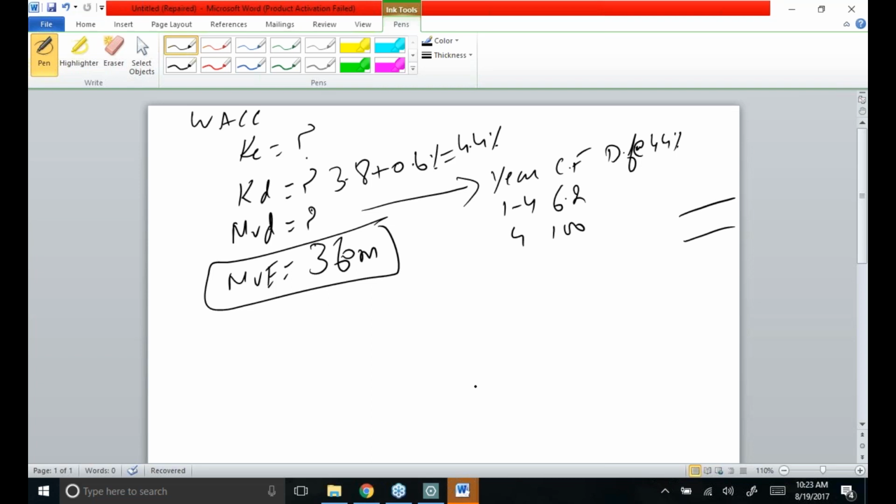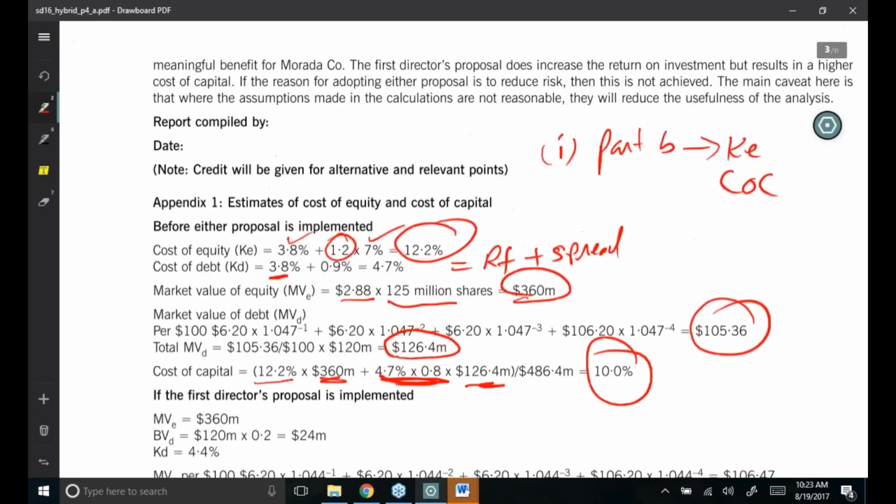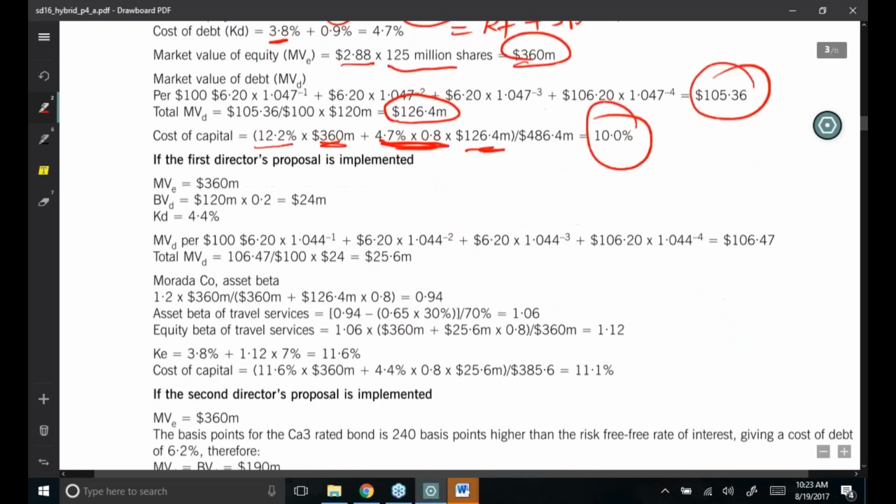Its present value, if we took this figure from the answer, will be 106.47. The loan amount was 120 million.